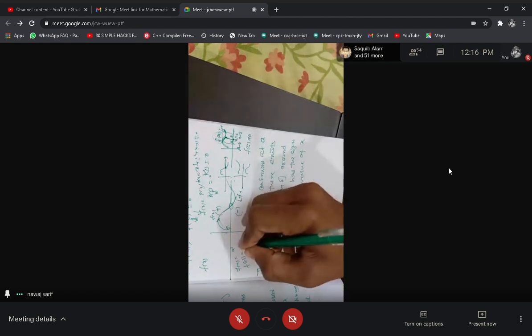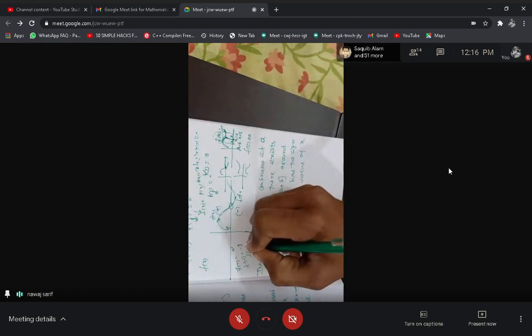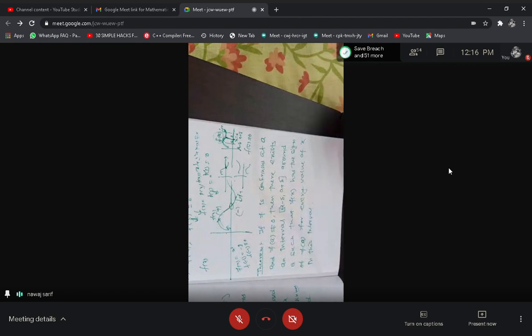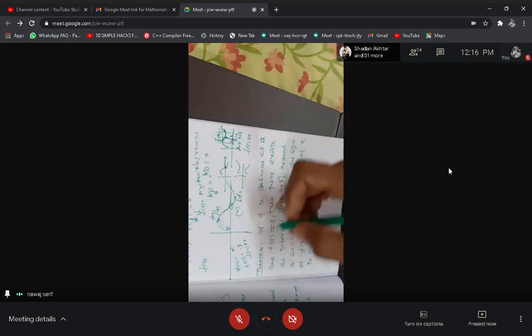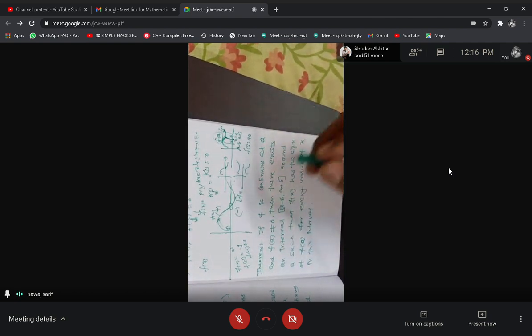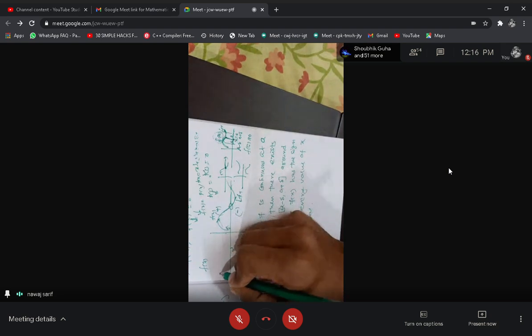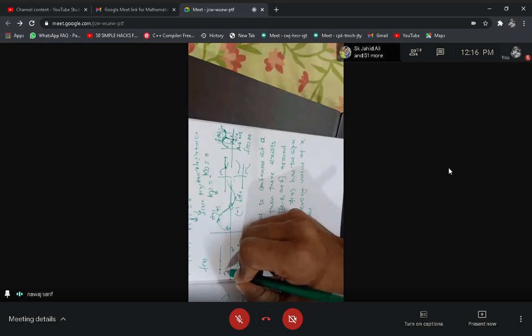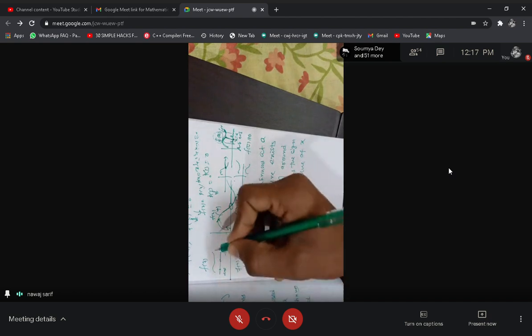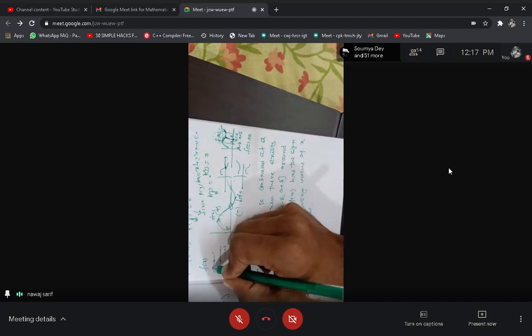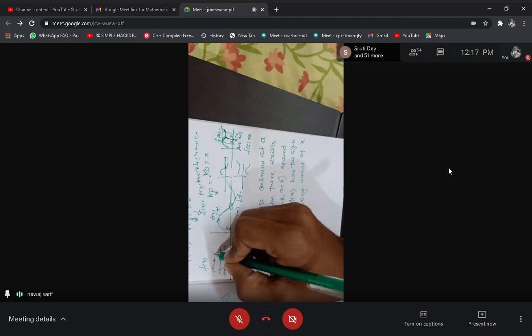That means f(-1) is non-zero, so according to this property, if we assume a neighborhood from minus 1 minus some delta to minus 1 plus some delta, then in this interval the sign of the function x cube is also the same.